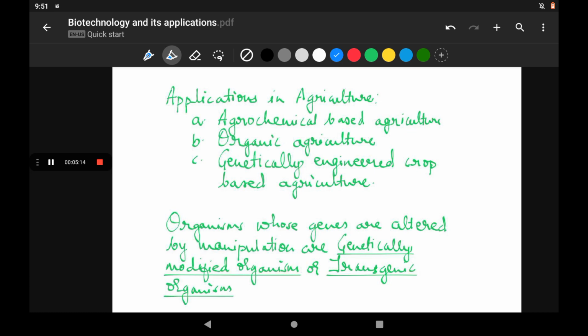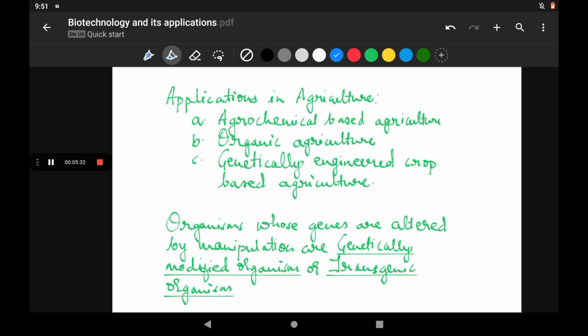Organic agriculture is gaining ground, but not as effective as agrochemical based agriculture. Genetically engineered crop based agriculture will be the near future solution for improving food production.